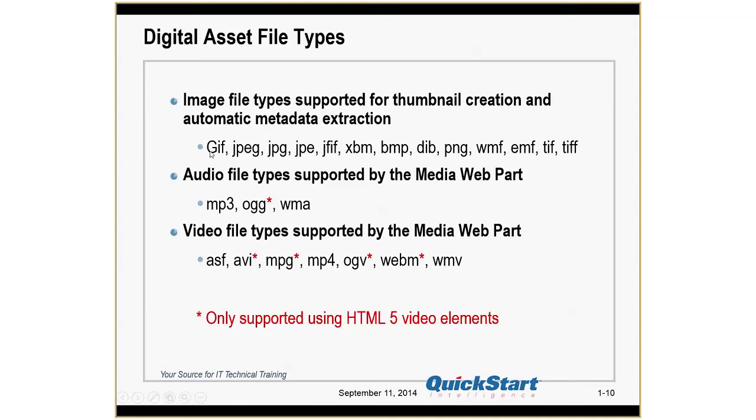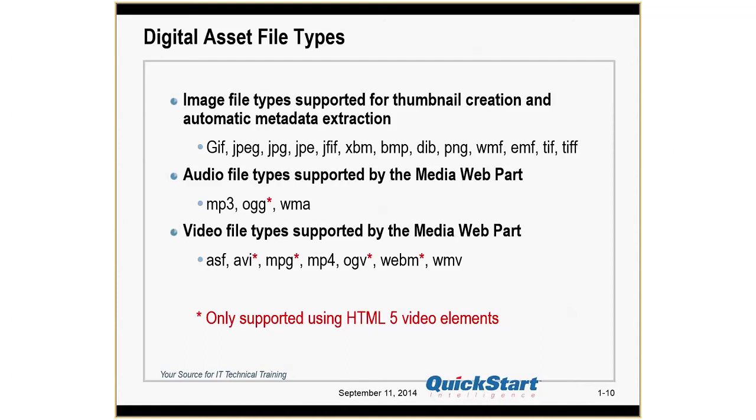So GIFs and JPEGs and bitmaps and PNG files and WMF files and TIFF files, all supported here for automatic metadata extraction as well as thumbnail creation. Of course, you can upload any image type you want. You're just not going to get the thumbnails or the metadata extraction automatically if it's not one of those file types.